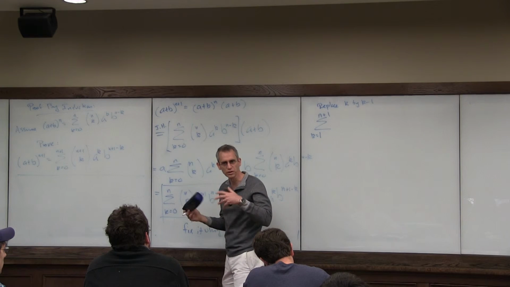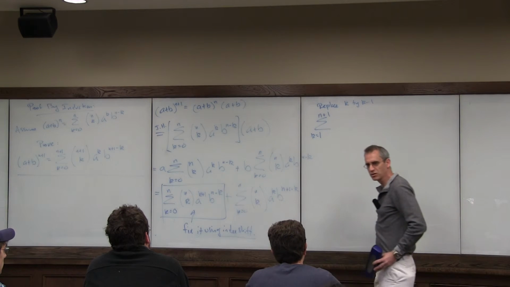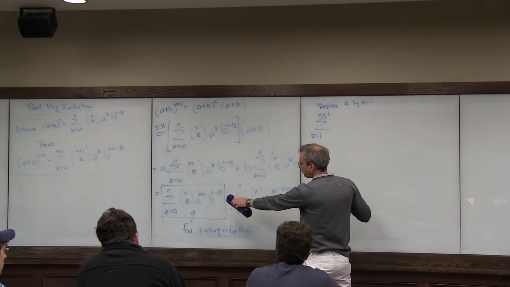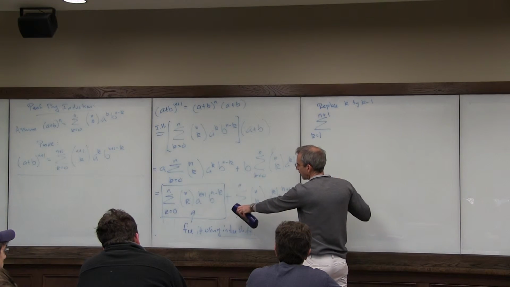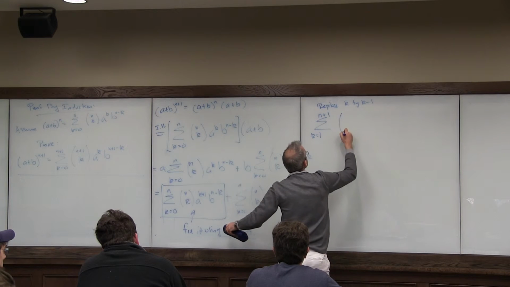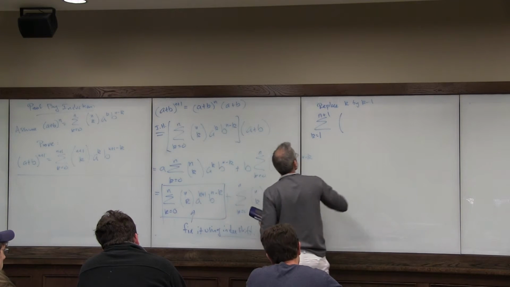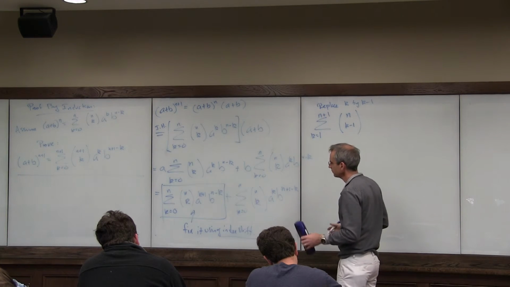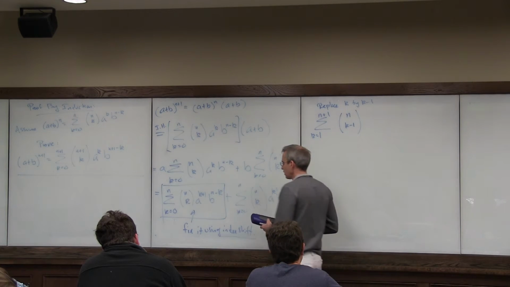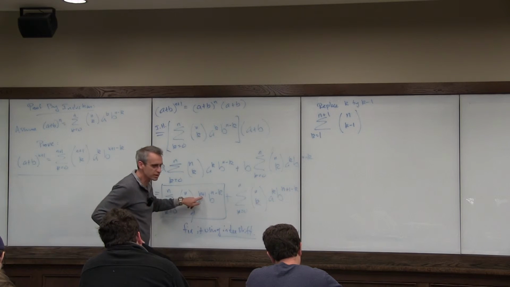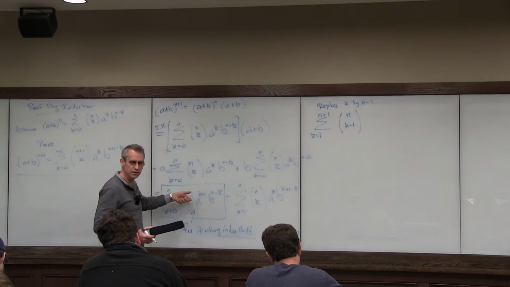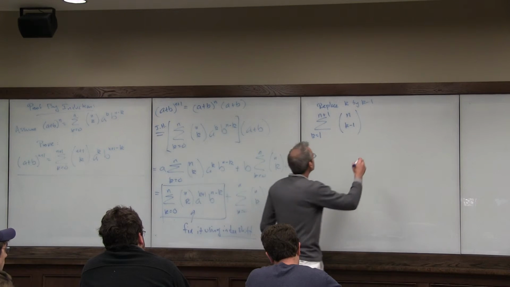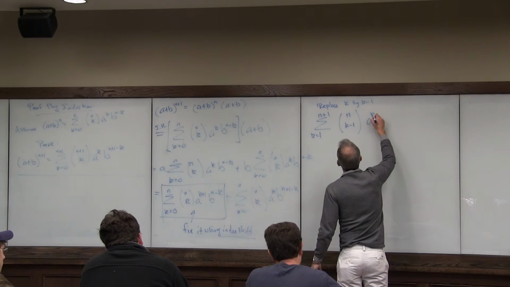Okay, now we'll just do this and then go back and check and make sure we're getting the same numbers in the sum. So I'm replacing k by k minus 1. So this should be n choose k minus 1, right? And here I have a to the k plus 1, but I'm replacing k by k minus 1, so that's just a to the k.